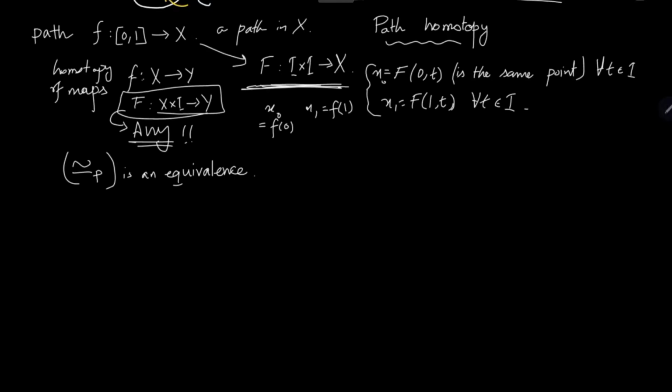We take the product of paths. Pi 1 of X comma x0 is a group with respect to the product. Okay. The set of all homotopy classes of loops at a base point.